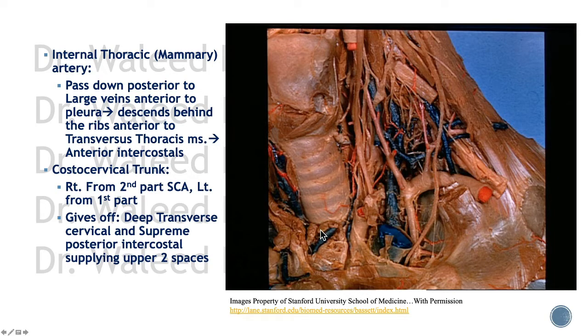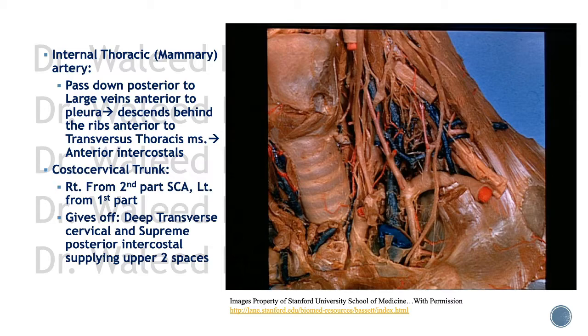It gives off a deep transverse cervical parallel to the superficial transverse cervical that cut through to the posterior aspect of the posterior triangle, and becomes or gives off the supreme intercostal to supply the first two posterior intercostal spaces.